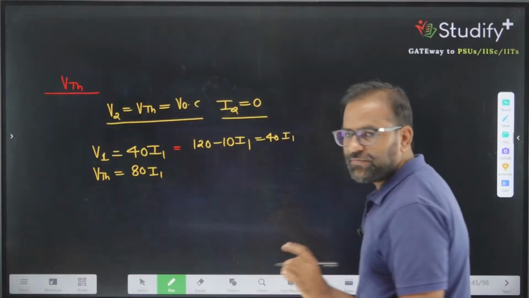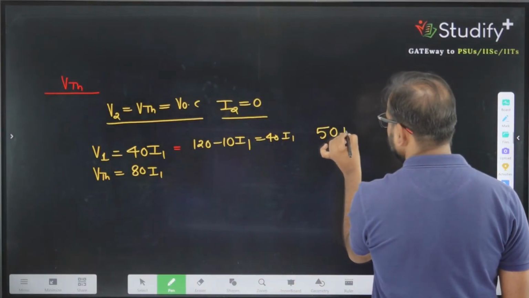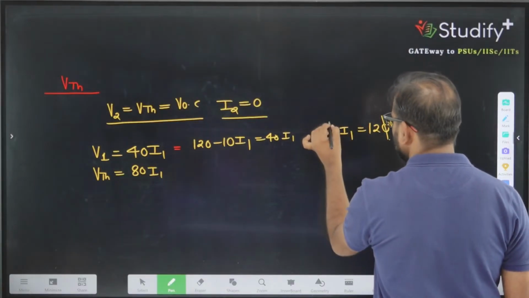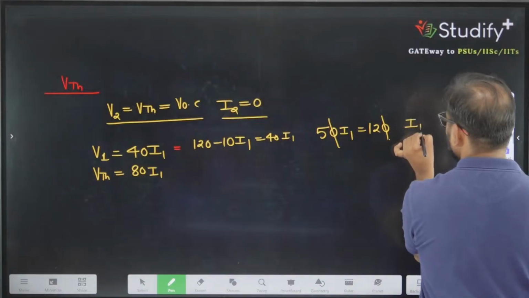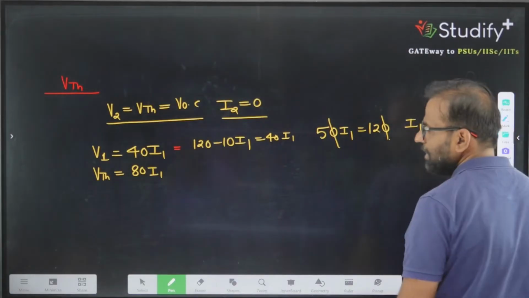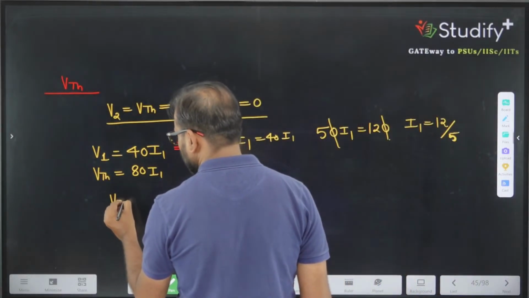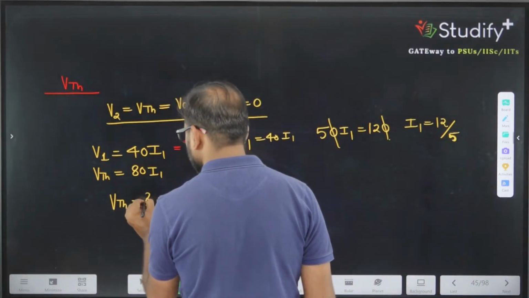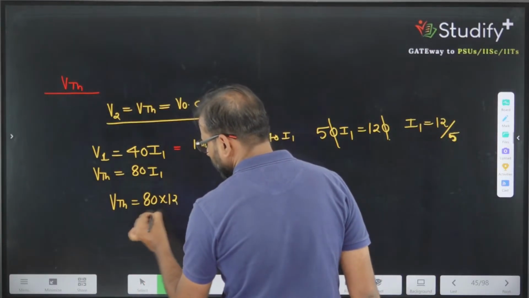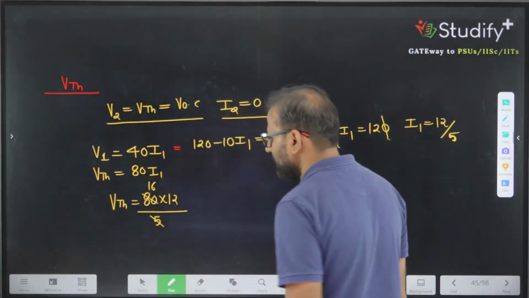Or you can say 50 I1 equal to 120. This is 0, this is 0. What is I1 equal to? I1 equal to 12 divided by 5. If I1 equal to 12 divided by 5, you can say the VTH equal to 80 into 12 divided by 5. This is 16.